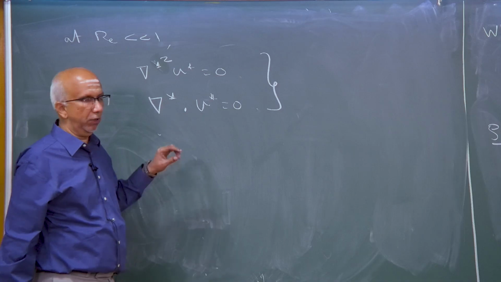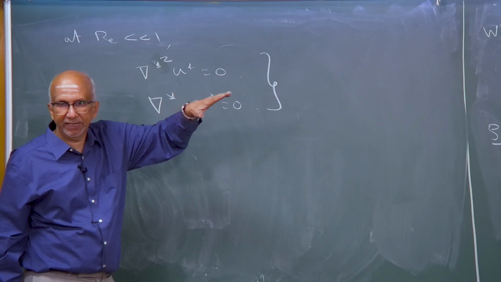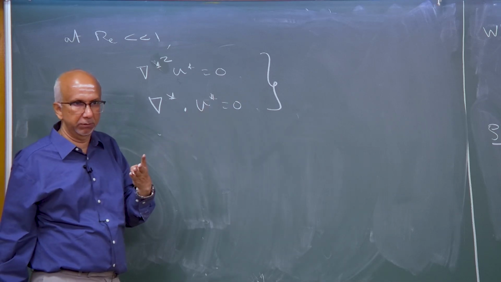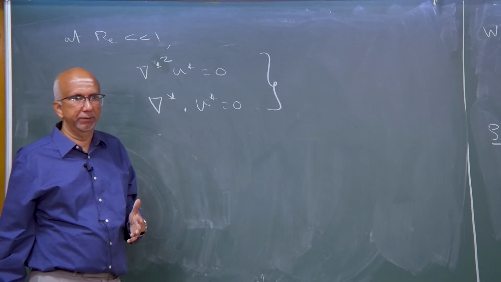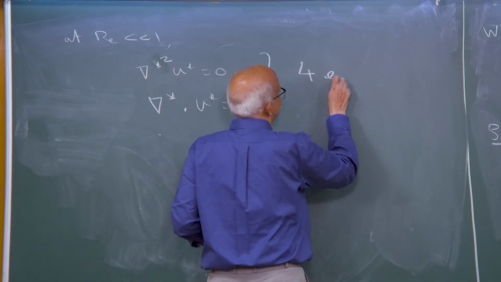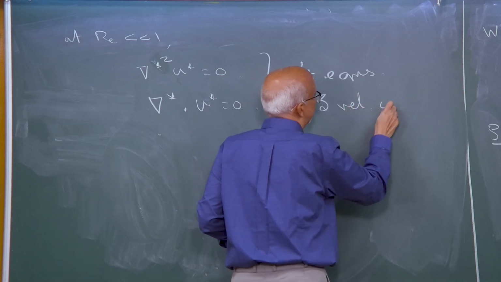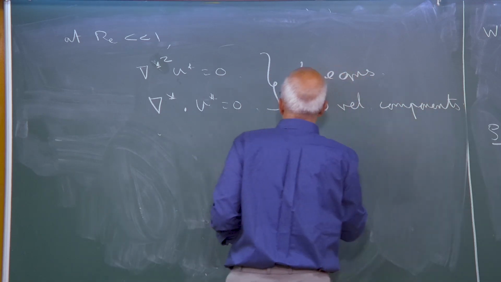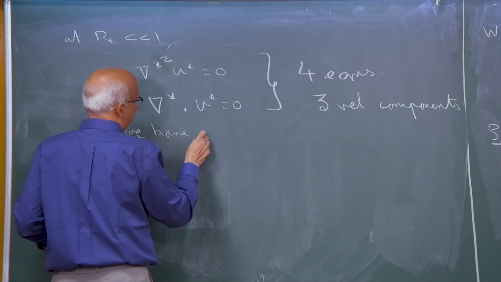This is a system of 3 equations, one in each direction, x, y and z. With the continuity equation, I have totally 4 equations, but only 3 variables, u x, u y, u z, the 3 velocity components. So I have 4 equations, 3 velocity components, and so we have a problem.